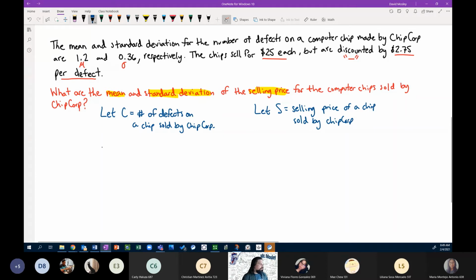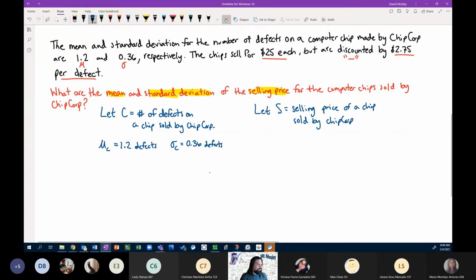We also know that the mean of C is 1.2, and this is the number of defects. And the standard deviation of C is 0.36 defects.